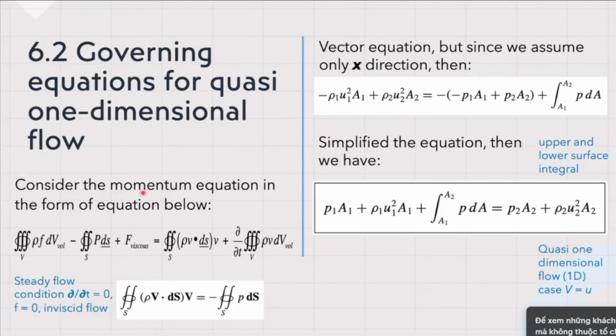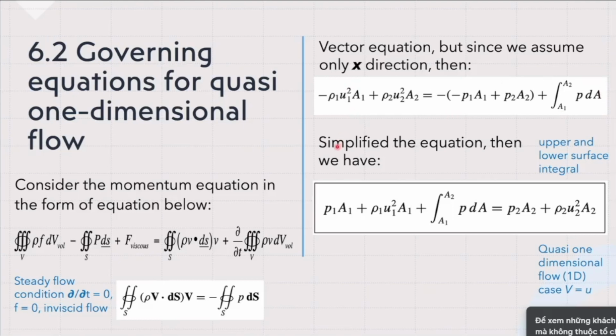So we consider the momentum equation now in the form of this expression, right? And knowing steady flow condition, change in d over dt equal to 0, and f equal to 0, and inviscid flow. So then we have this expression, right? And we know that it is a vector equation, since we assume only in the x direction, then we can rearrange it to be equated as this expression, right?